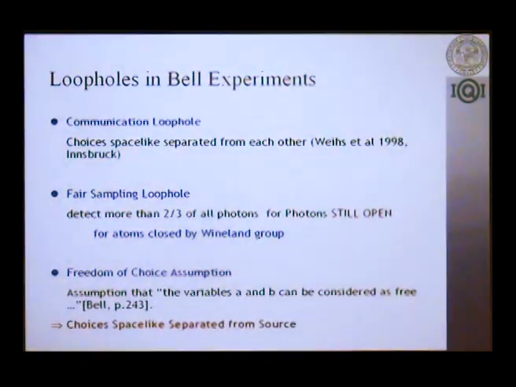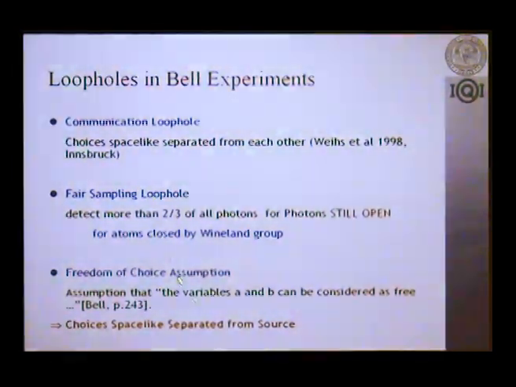Now to come back to the fundamental issues in the last few minutes of my talk. There are at least three loopholes in these Bell experiments. One is called the communication loophole, namely that when you test local realism with a static experiment, it could in principle be that one photon or one apparatus communicates with the other one when they arrive within each other's light cones.